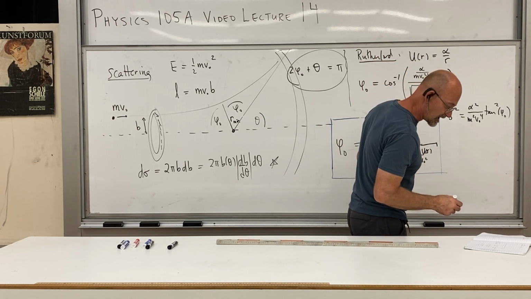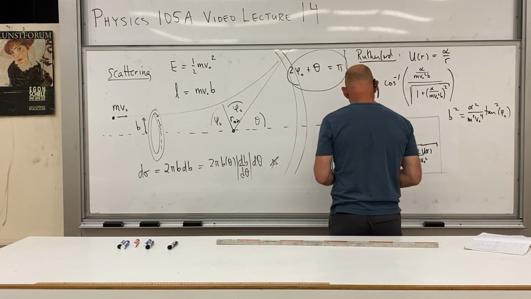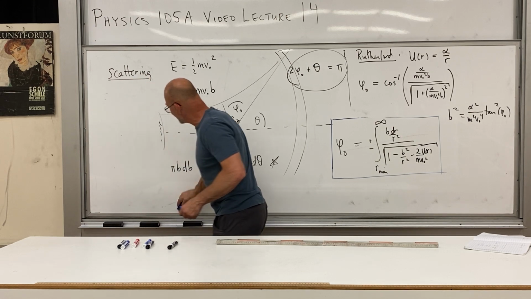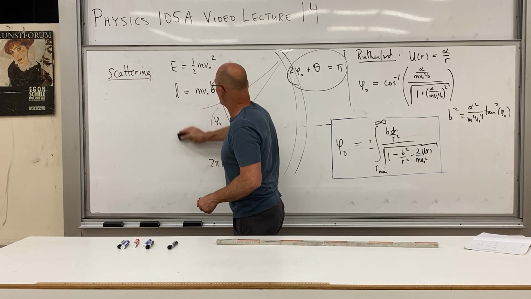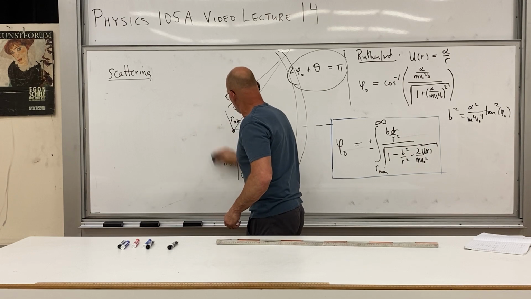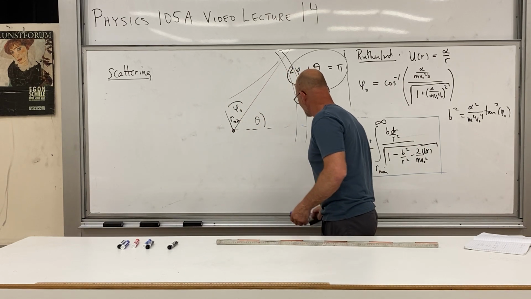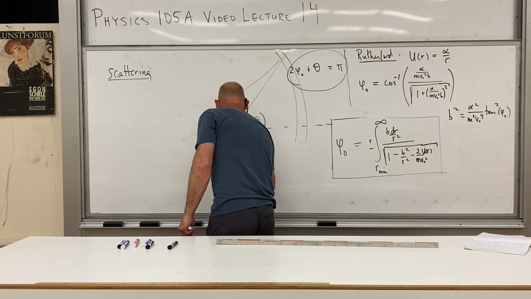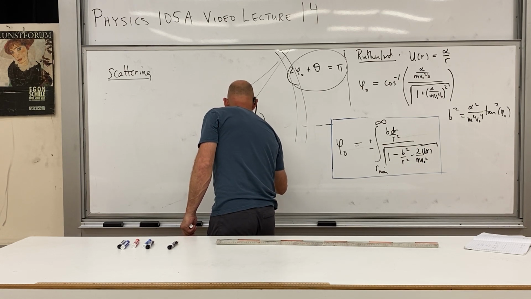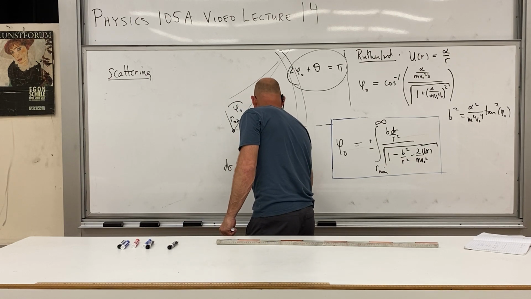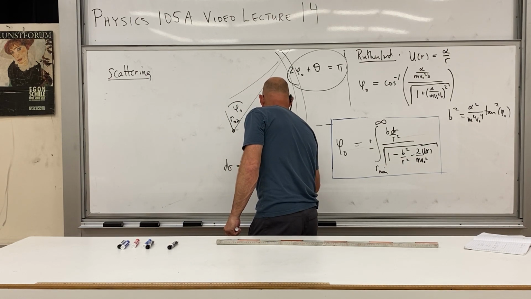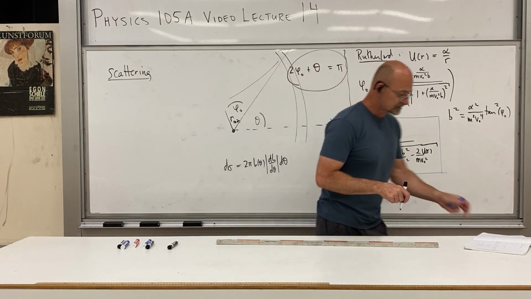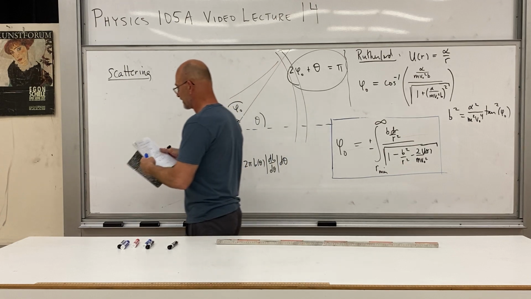And I want to put up the entire Rutherford formula. I guess I've got to make some room here after all. Okay, so I want to put the result up and discuss it a bit. But let's keep a little bit of this up here. We have d sigma equals 2 pi b, the magnitude of db d theta, d theta. Okay, so what is our result? And we can discuss this a bit.